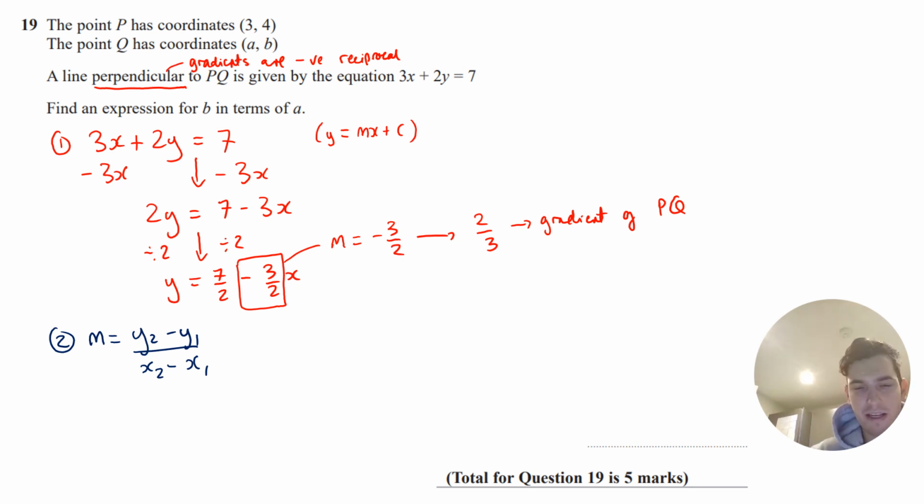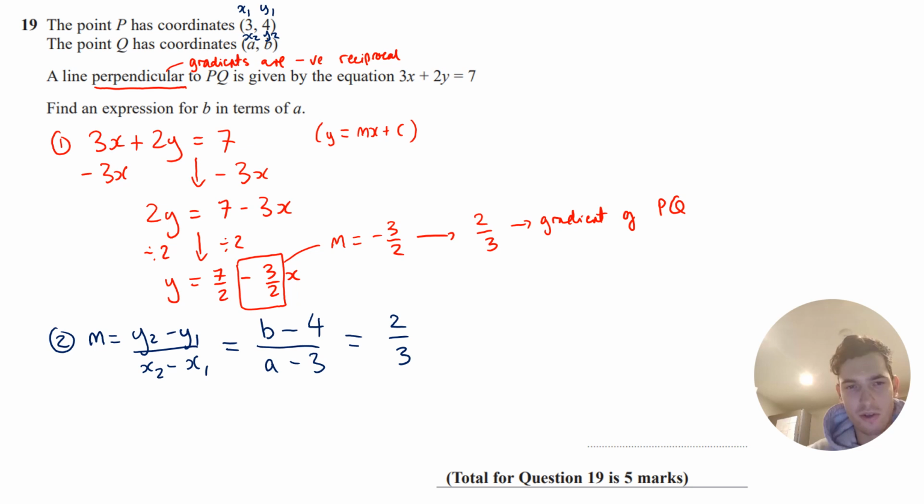So let's write down x2, x1, etc. onto my points. Let's call this x1 and y1, and let's call this x2 and y2. Okay, so what is y2? y2 was b minus y1 was 4 over a minus 3. And I know that this is equal to the gradient, which is 2/3.